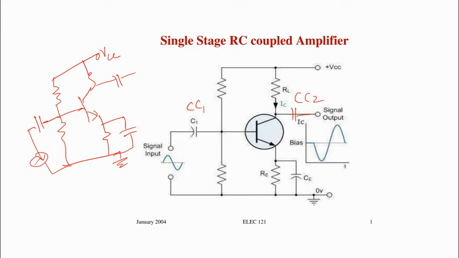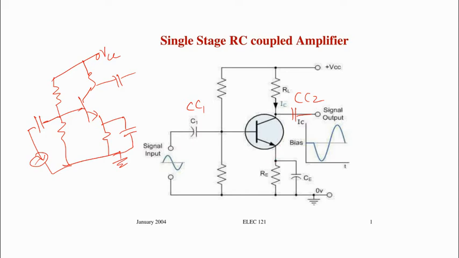We know that RE is for thermal stability, to avoid thermal runaway, which we studied in the last class. If RE is not there, as beta is a function of temperature, IC increases, junction temperature increases, so beta increases again and IC increases, and the transistor finally burns out.